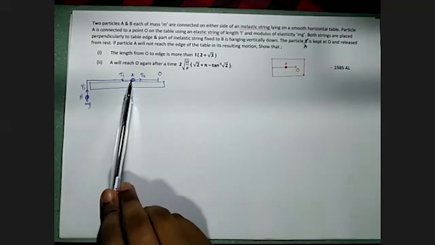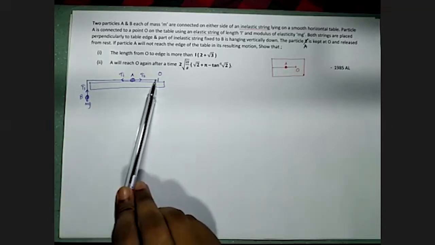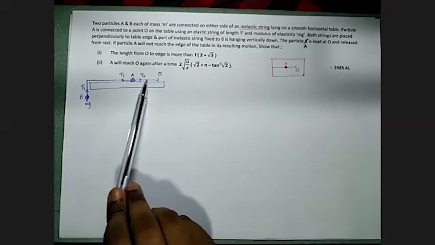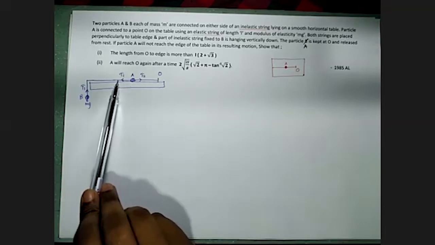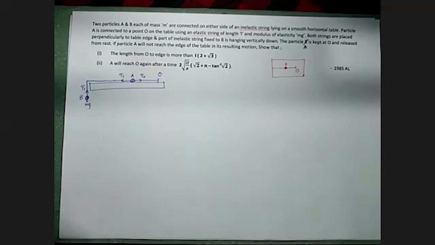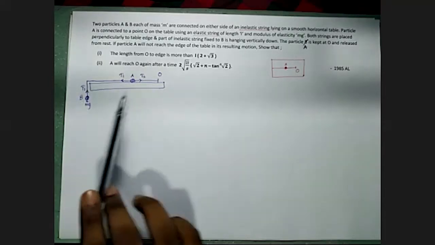But when A reaches the natural length of this elastic string, now the elastic string is going to extend. You have to think like that, otherwise you can't solve this problem. That is the most important thing here. You have to consider A and B with this inelastic string as one system.